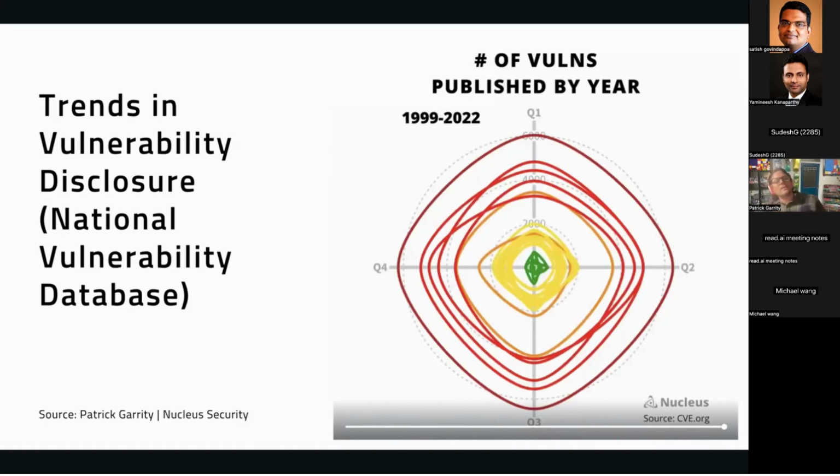Generally speaking, depending on the organization, they're not resourced to keep up with the scale at which vulnerabilities are being published, disclosed, and discovered.